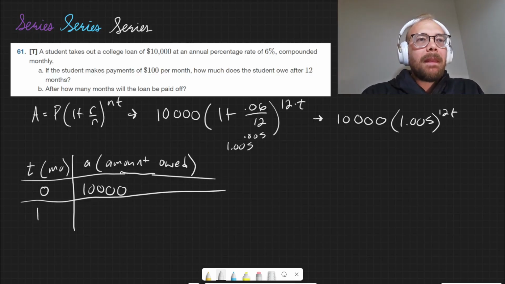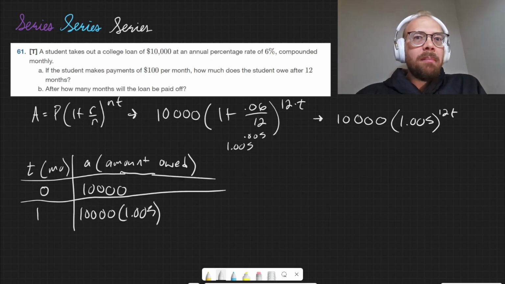But if you pay at the end of the month, then the first thing that happens is you take that 10,000 and you multiply it by 1.005, because that's the 1 plus r over n number. Moving forward, we'll just call that our new r, basically.